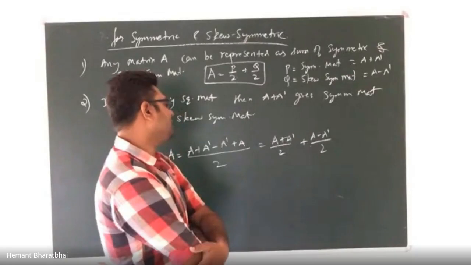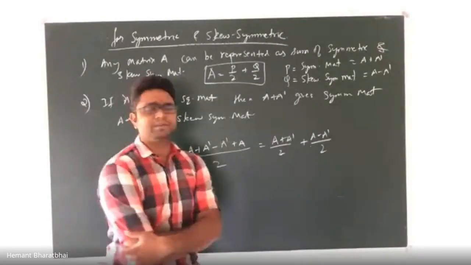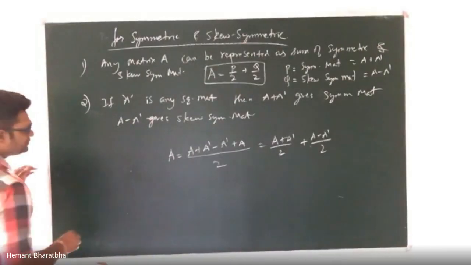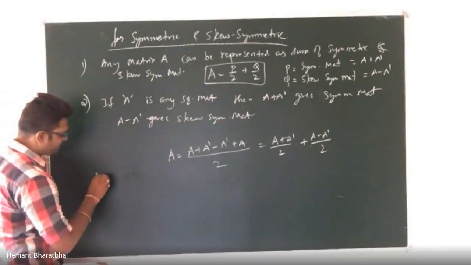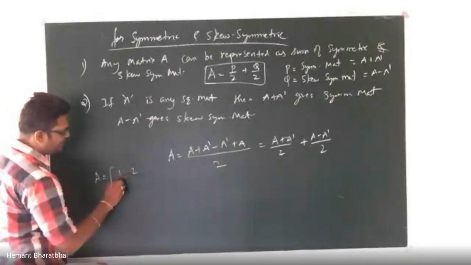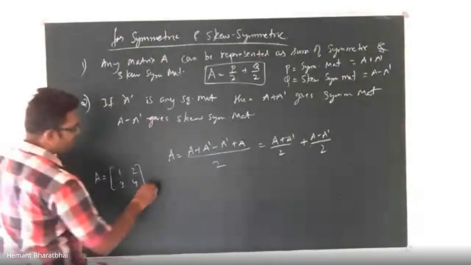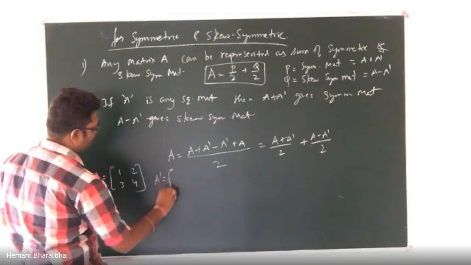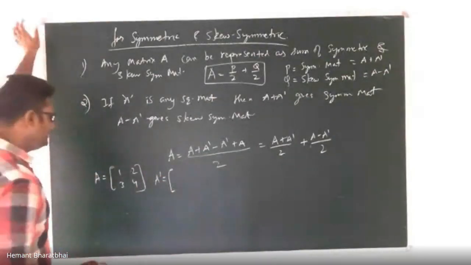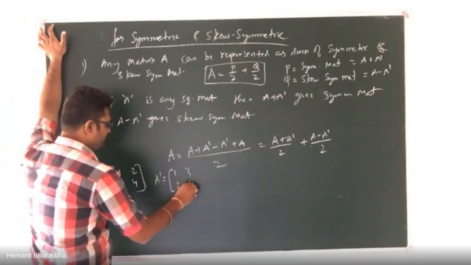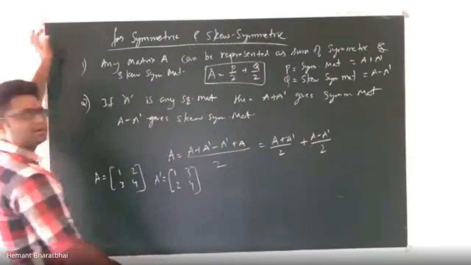And if I say that A plus A transpose is a symmetric matrix, let's prove it. So I have a square matrix 1, 2, 3, 4. My A transpose will be 1, 3, 2, 4. Rows will become columns, columns will become rows.